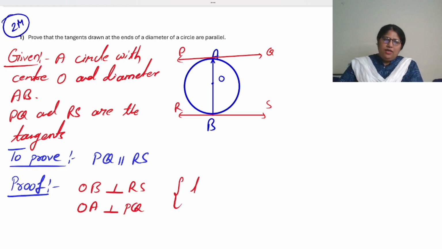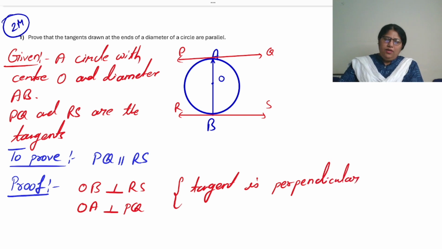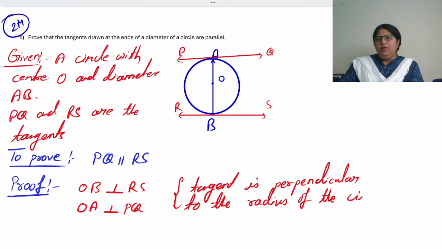What is the reason here? You have to mention the reason: tangent is perpendicular to the radius of the circle through the point of contact.